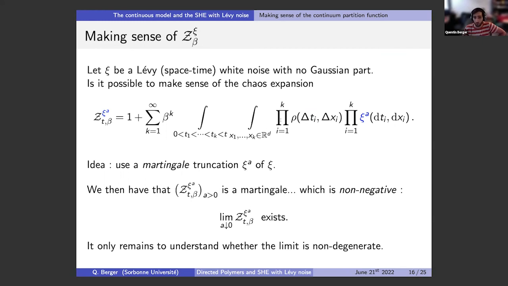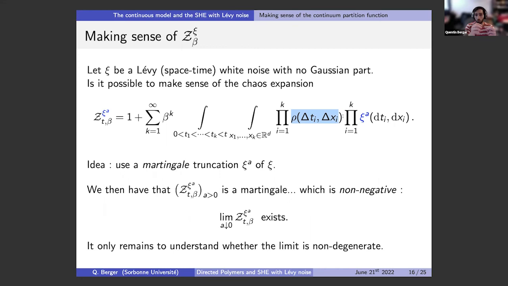What you have to think about is that you integrate over k time-space points, and you integrate the heat kernel to go from one point to the next.